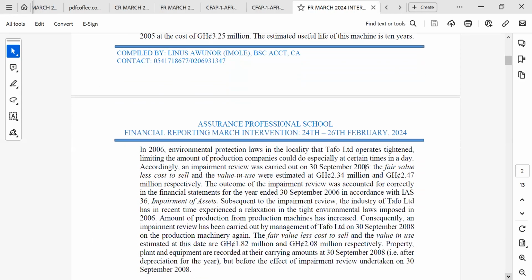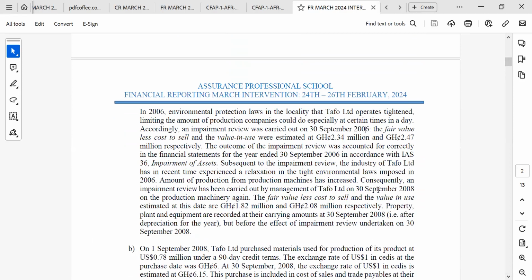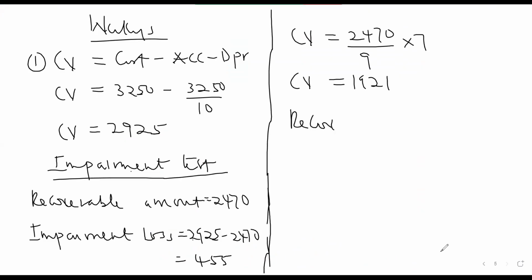What's the new value of the assets now? At September 2008, what is the recoverable amount now? We have 2.08. That will be 2080, isn't it? Yes, sir. So the recoverable amount is 2080.